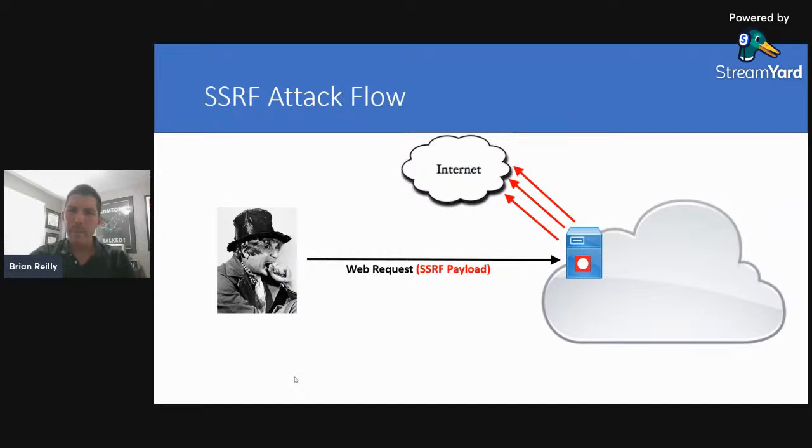And so maybe I'm going to attack them and send attacks to those servers. Maybe I'm going to try and overwhelm them with traffic. Maybe I'm just going to see what's out there. And so those external internet targets are going to see those requests coming in from the application server. So it's going to look like that application server is hitting those internet hosts.